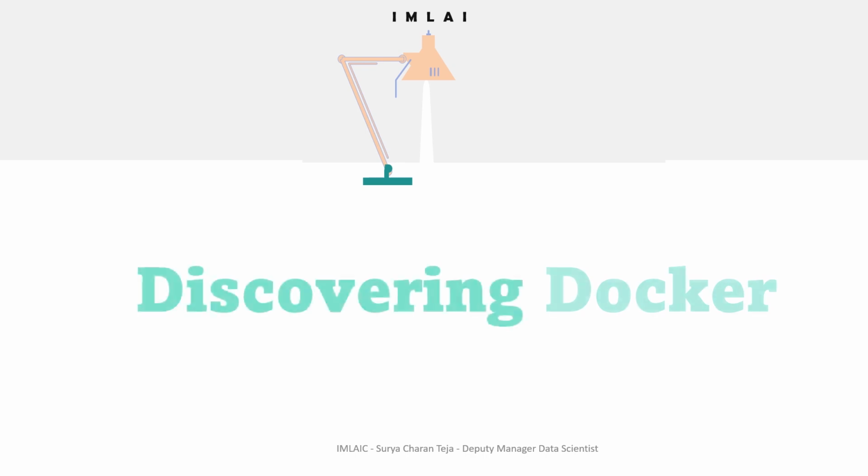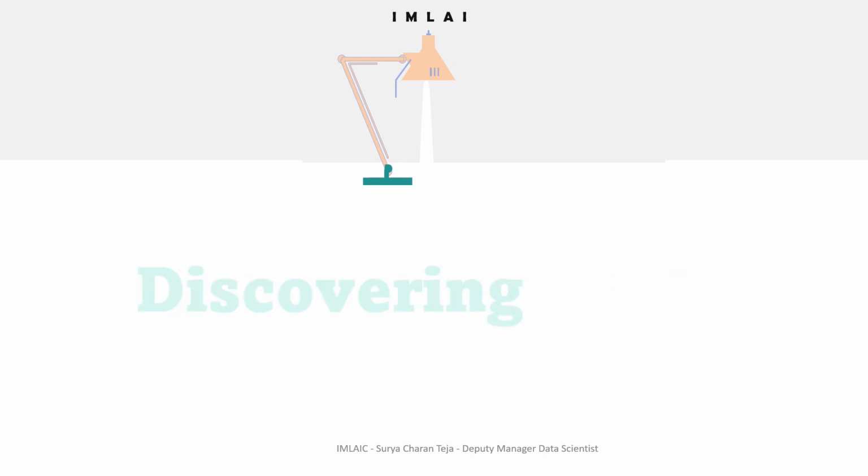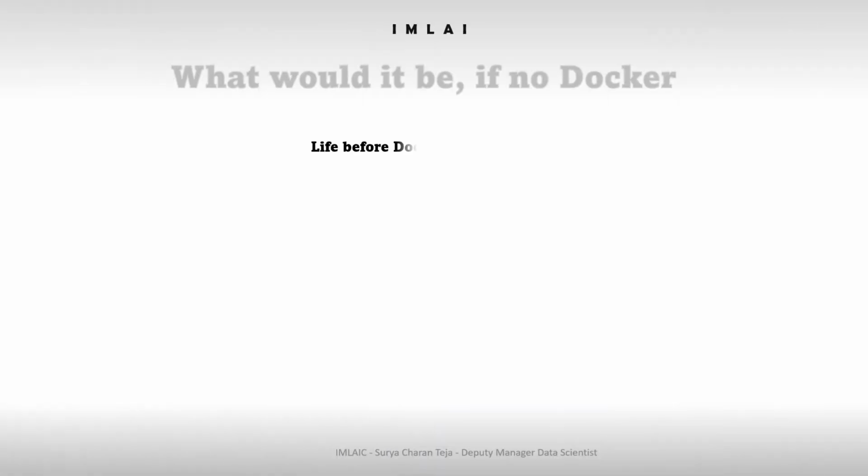Okay. Now let us jump into discovering Docker, and we will begin with what Docker is. Docker is a platform that allows you to first build, then ship and run any app anywhere.